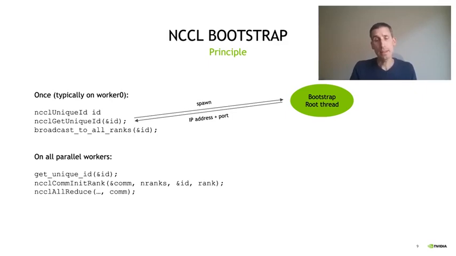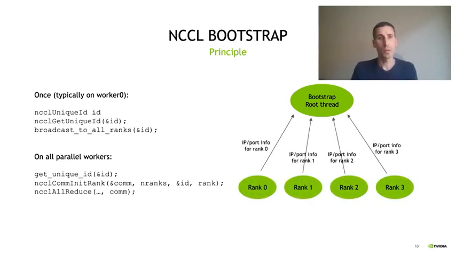So that ID will then be passed to all the ranks by the application. Note, this is the responsibility of the application to propagate that ID to all of the ranks, and that should be using some CPU side communication system between one rank and the others, or between the orchestrator and the workers.